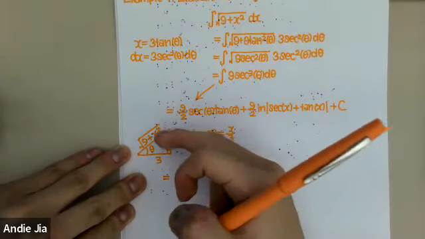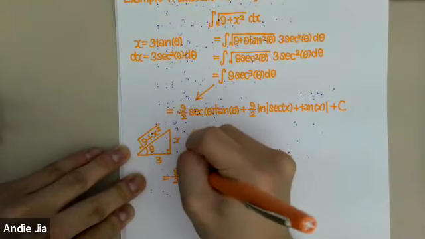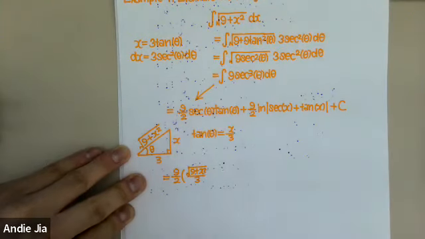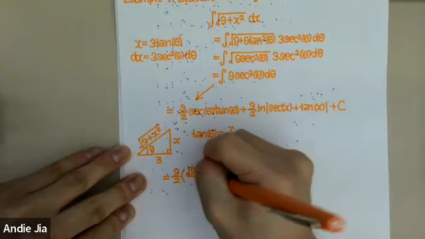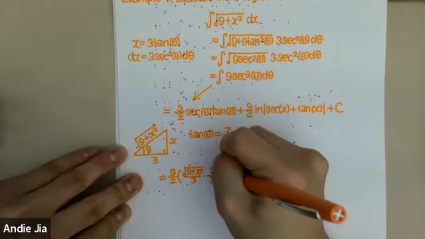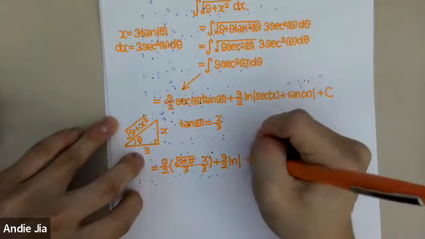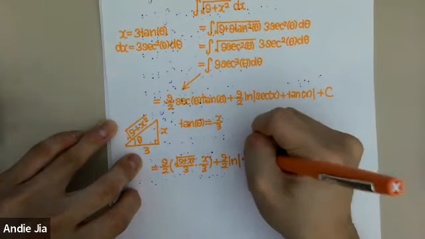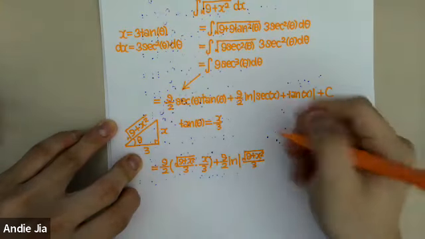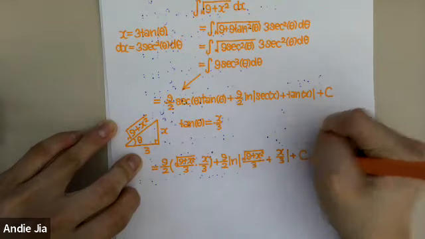So the secant of theta is going to be the square root of 9 plus x squared over 3, then x over 3, plus 9 over 2 the natural log of secant, which is the square root of 9 plus x squared over 3, plus tangent, which is x over 3, plus constant of integration.